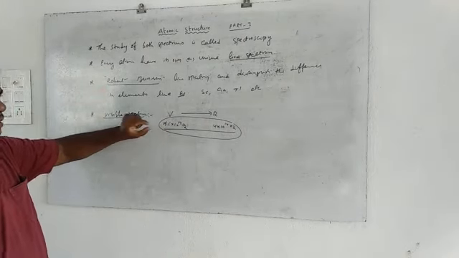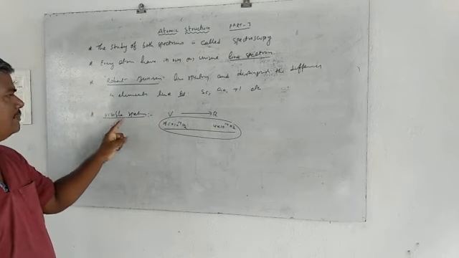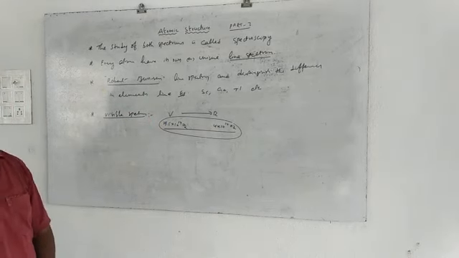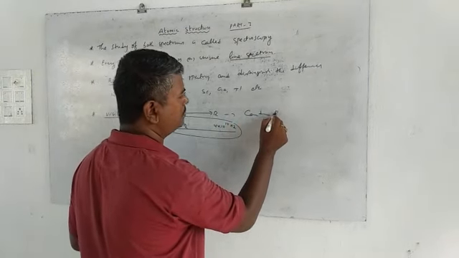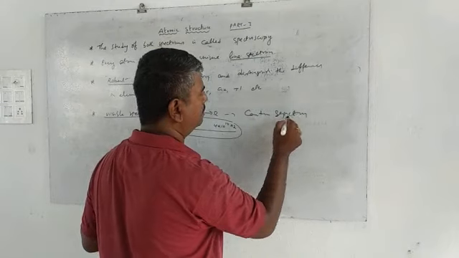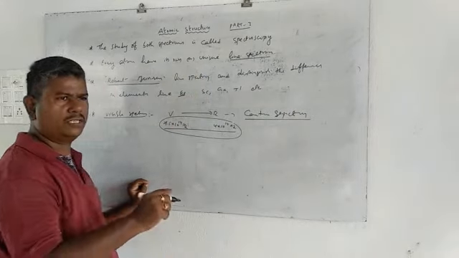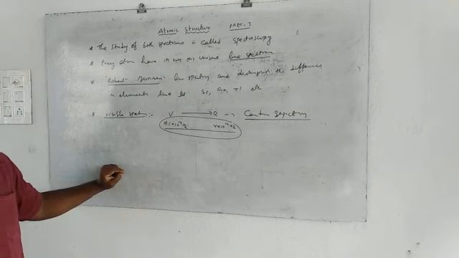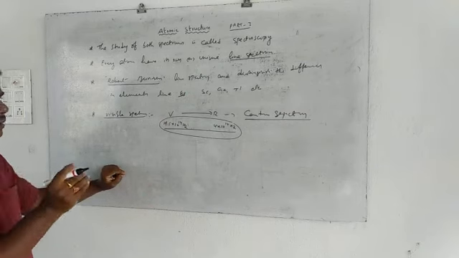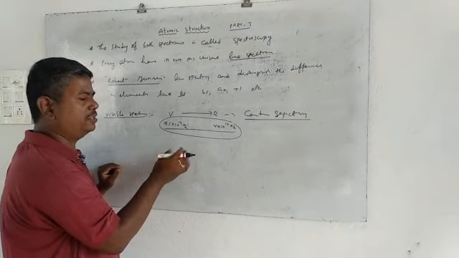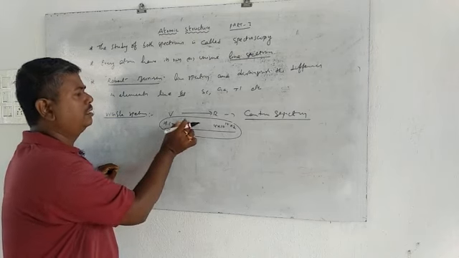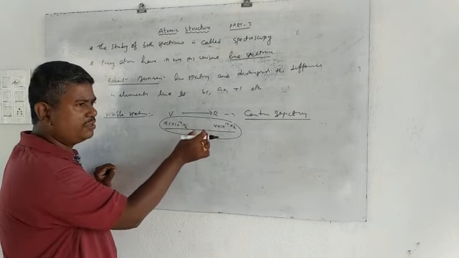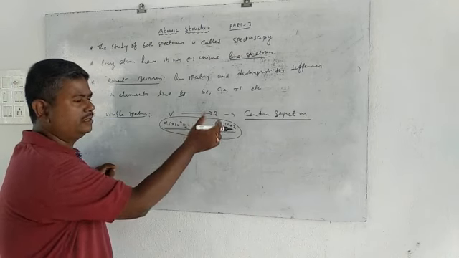That means the colors will be visible, and this visible spectrum is a continuous spectrum. Continuous spectrum means, whenever you observe the rainbow, the colors are merged. The violet color is merged into indigo, the indigo color is merged into the next color, and so on.